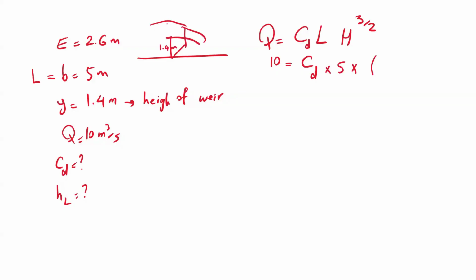The water passing, you don't have it, but you have the total energy here, which is 2.6. So the difference between them is your H. H is the water above the crest. Crest is this point. So if I have a total of 2.6, 1.4 for the height of the weir, the rest is yours as the head of water. If you calculate CD, you will have 1.52.